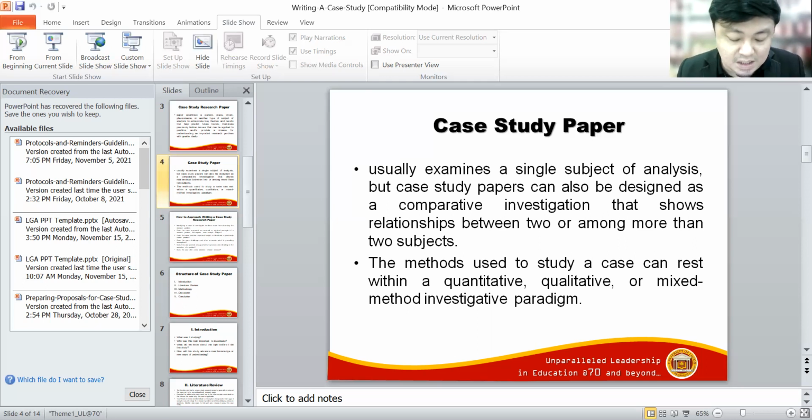Now, in my last slide for the second part of the writing of case study report discussion, I will be focusing on some misconceptions about writing. So, writing tip: misconceptions. There are at least 5 that I can identify regarding case study research.